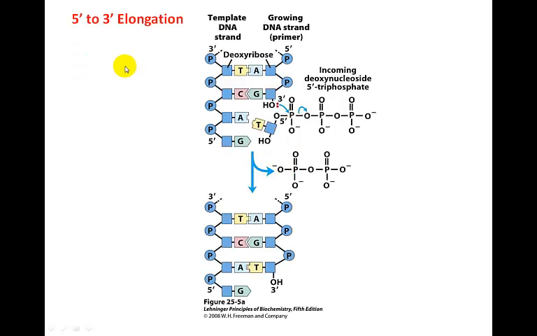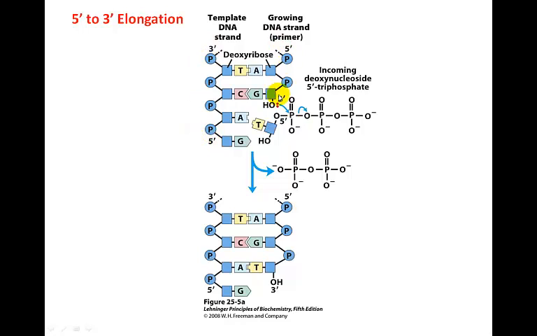To begin with, one of the principles of all DNA polymerases is they polymerize from the 5' to the 3' direction. So this is set up as a double-stranded piece of DNA, two strands. So there's the 3' to 5' direction.